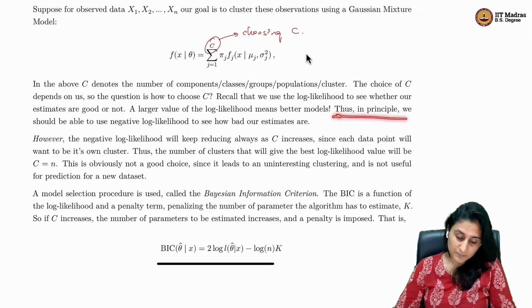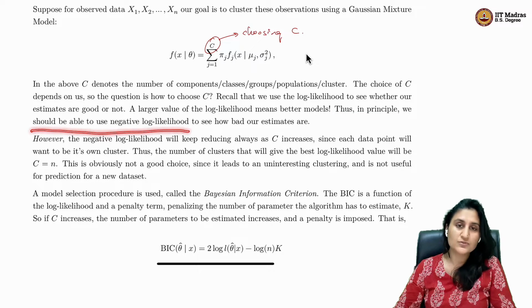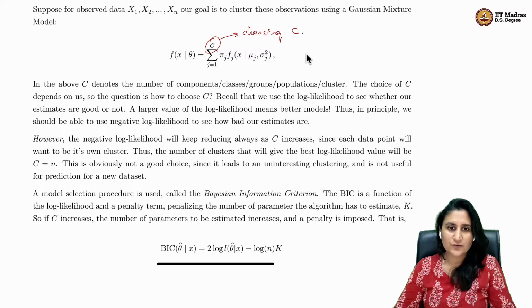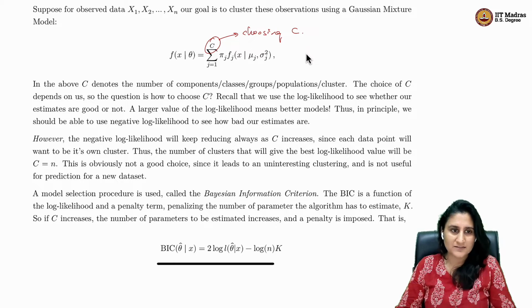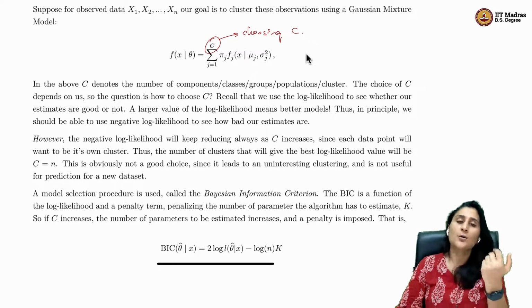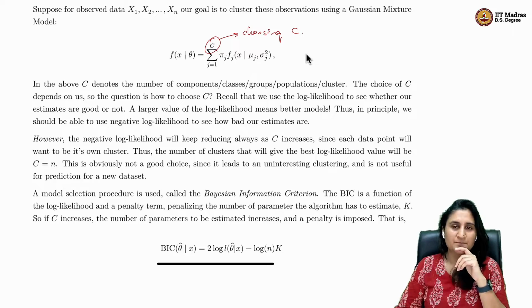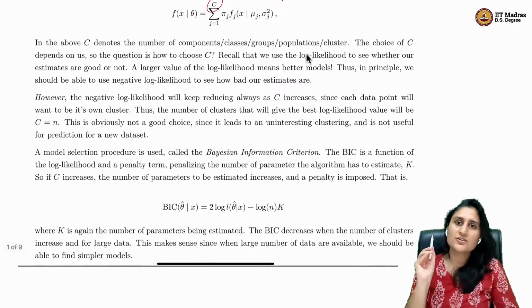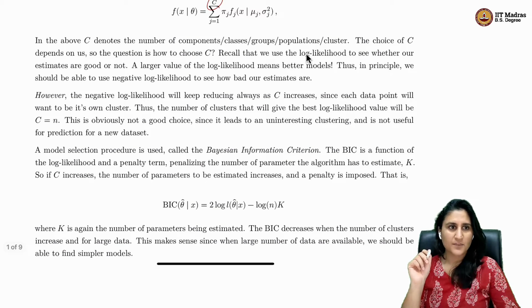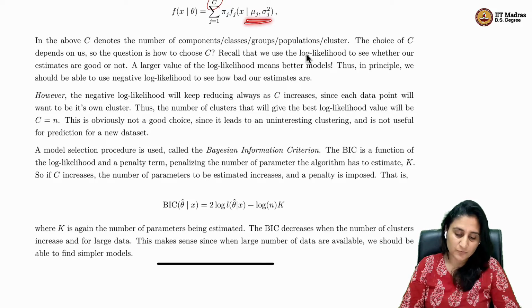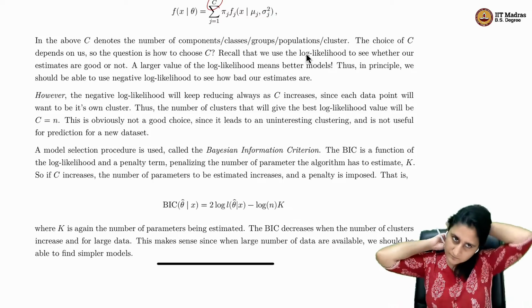So in principle, we should be able to use the negative log likelihood to see how bad our estimates are, or the positive log likelihood, maximize the positive log likelihood. But the issue is in choosing the number of clusters C. When we have a fixed C, we can use the log likelihood to find the estimates of the vector of mu's, sigmas and pi's.